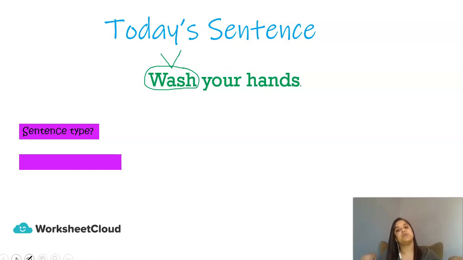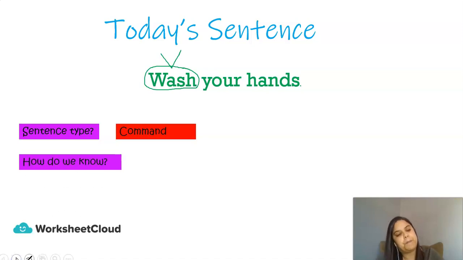So, out of those 4, which one of those would the sentence be? You are right, it is a command because it is telling us to do something. How do we know this? Well, I gave it to you in the very first clue. It was because of the verb.